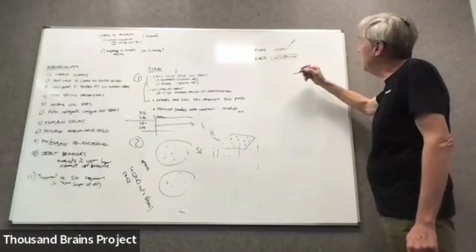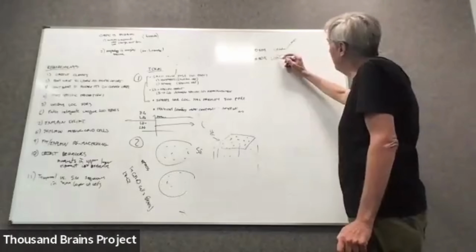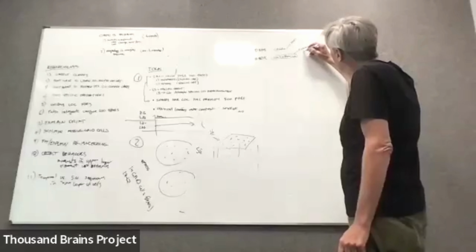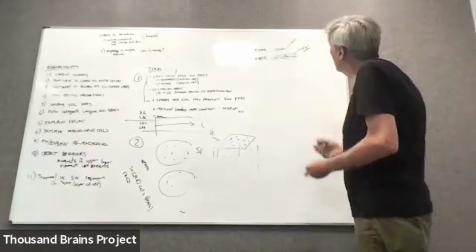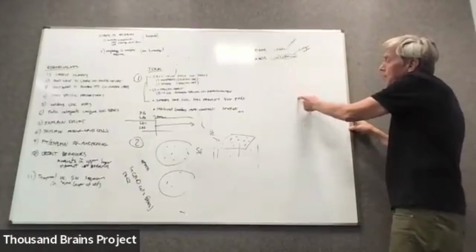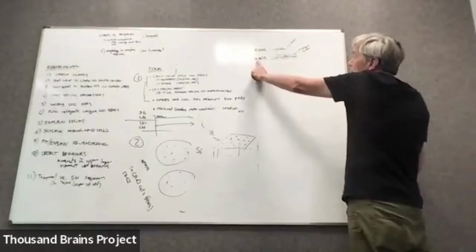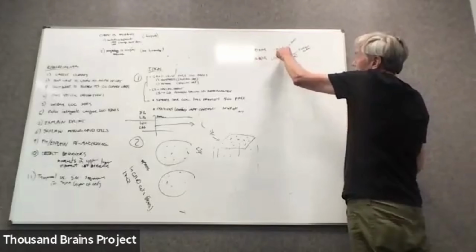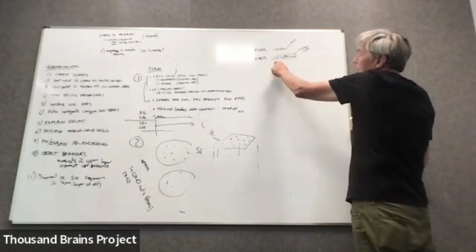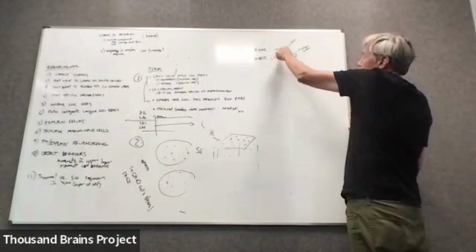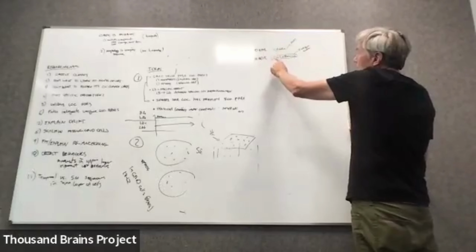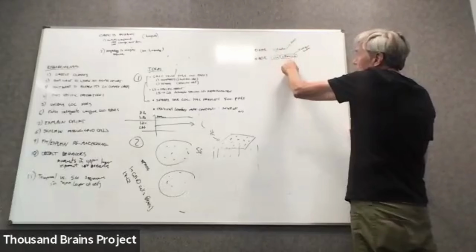But sometimes I want to make a prediction about this, which is unique, which is a handle. But how would I know to do that? I'm moving my finger around, I have a unique representation down here, and a less unique representation up here. Why wouldn't I learn every feature on the cylinder using this representation? Why would I say, oh no, only on the smooth, common parts, so I have to use this one? And how do I know when to make a prediction based on this one?